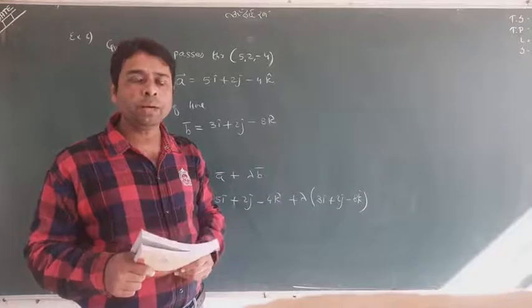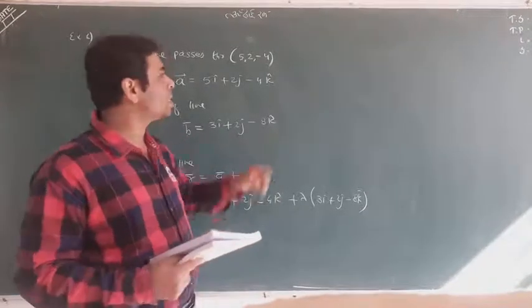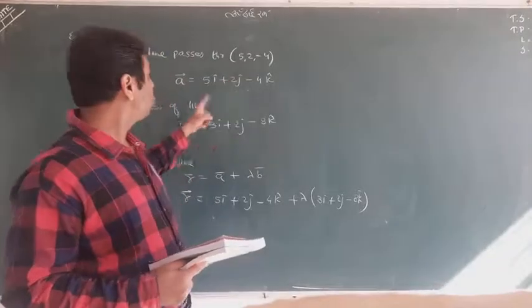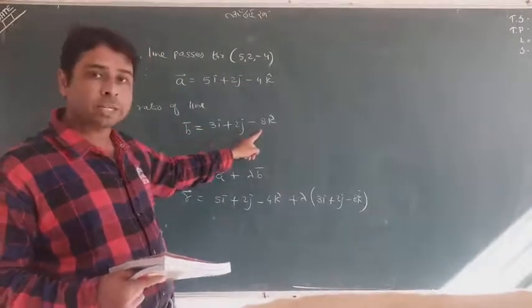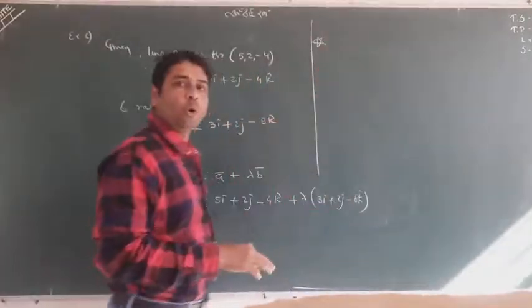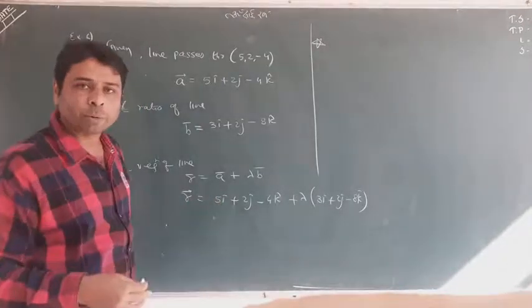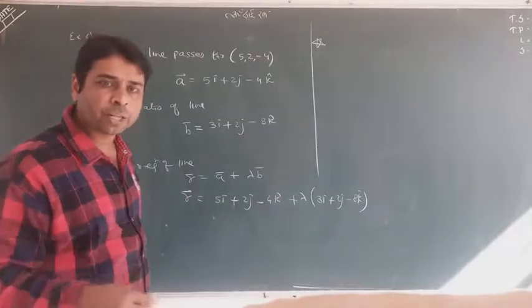So this is the Cartesian form where we need x1, y1, z1 by which line passes, and ratio we can get from 3, 2 and minus 8. You also can convert this vector form into the Cartesian form. How we can? We saw the derivation also.